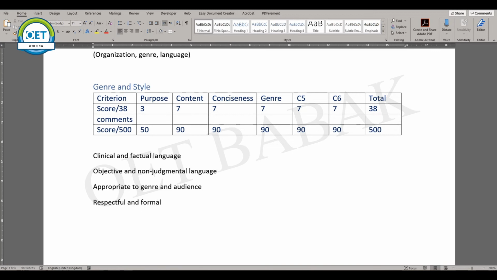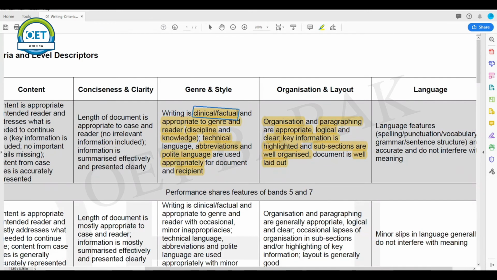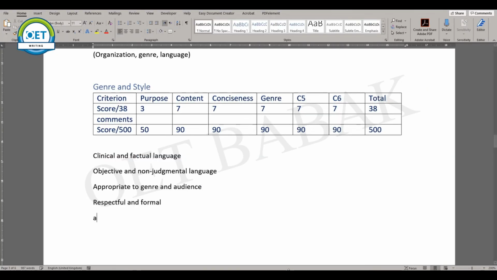And then abbreviations and technical language should be used appropriately.